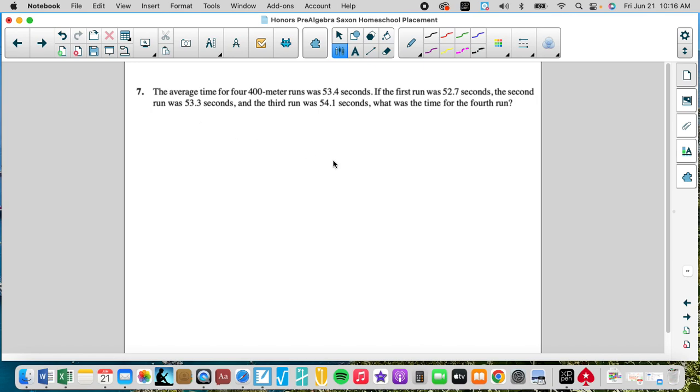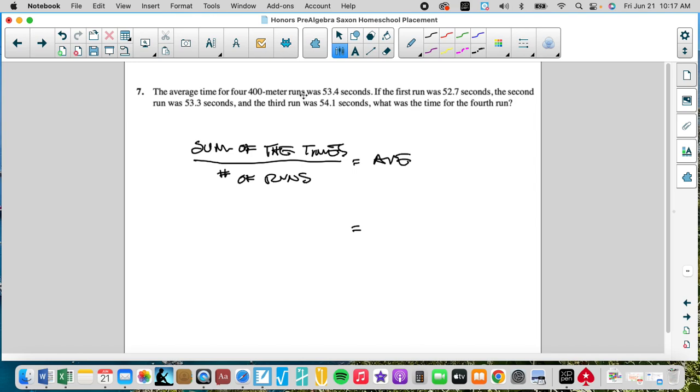Well, we know when we average 4 things, we do the sum of the times divided by the number of runs equals the average. So we know what the average is.